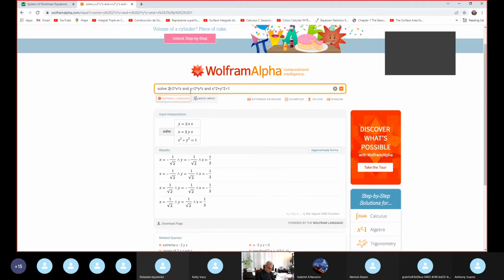2 is equal x times c. So I delete this. X times c. This is my first equation. My second equation is 1 equal to 2 times y and c. It's a coincidence.